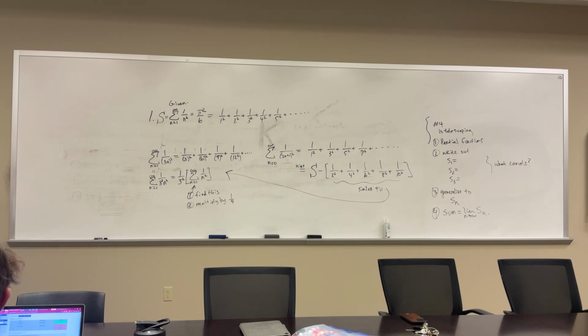How does the thing you just wrote out compare to the thing you found in number one? Just look at the form. What is the rhythm? You've got this written out: 1/5 squared plus 1/6 squared. What was this one?